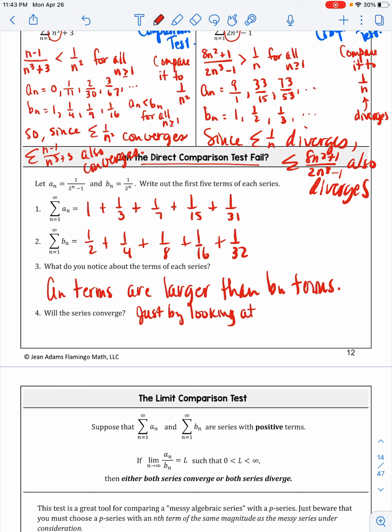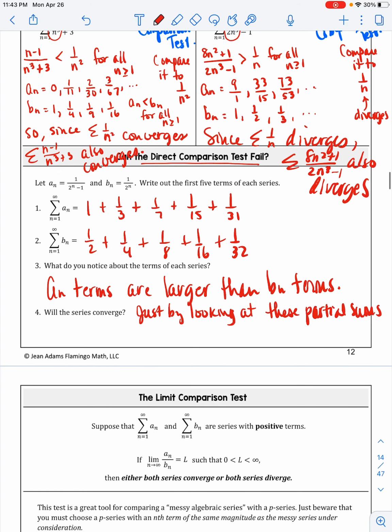So we're going to say just by looking at these partial sums, it is hard to tell.